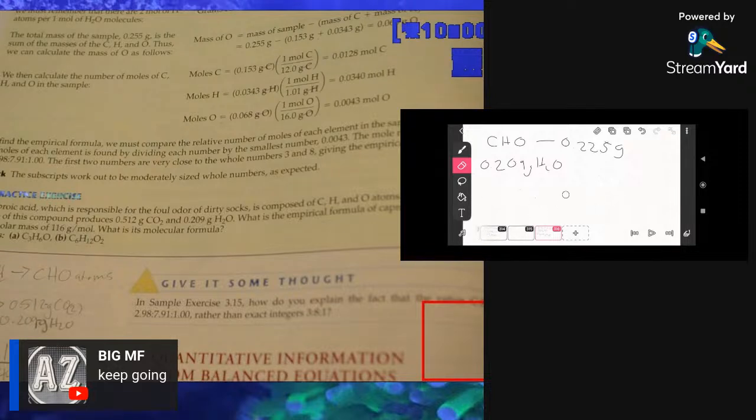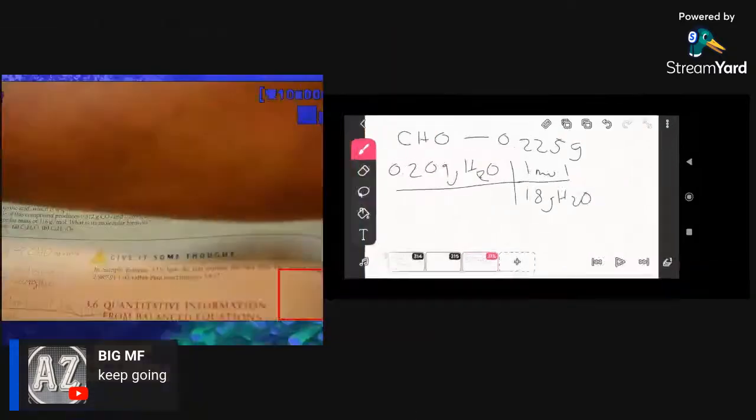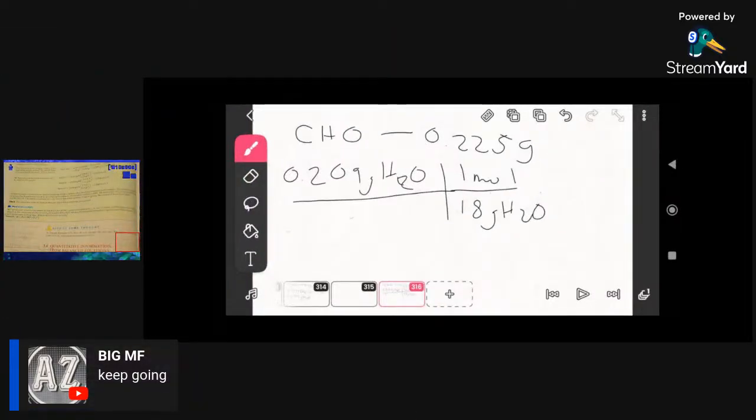All right, so now let's do the same thing for water. Water, I know oxygen is 16 and hydrogen is 1, so 18 grams of water is equal to 1 mole of water.